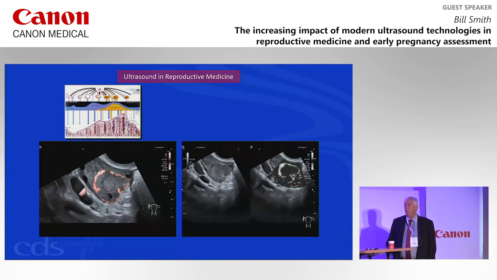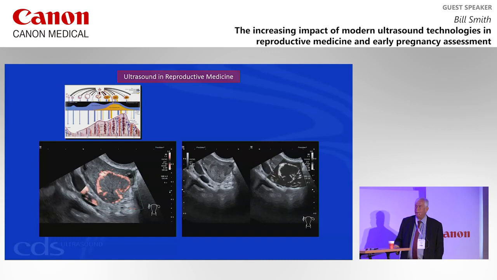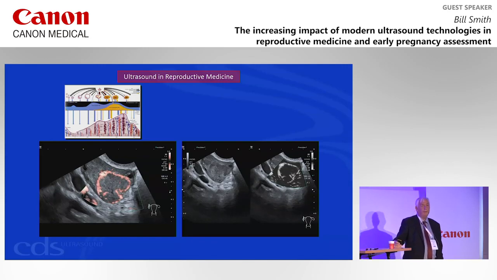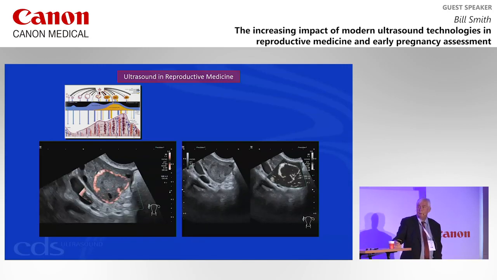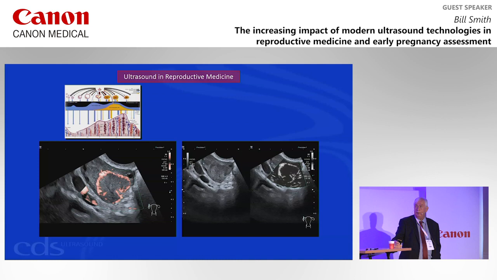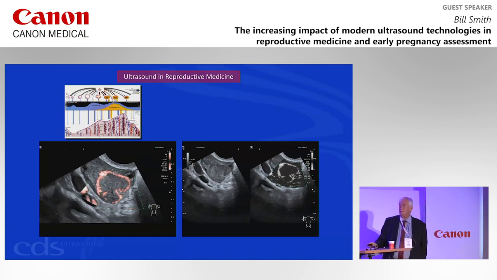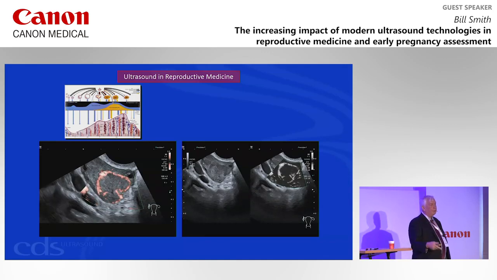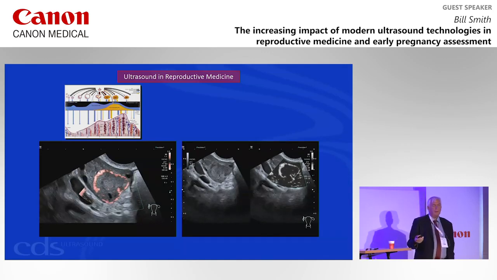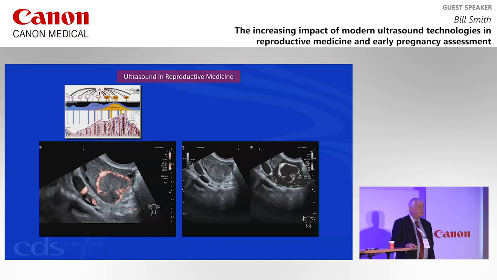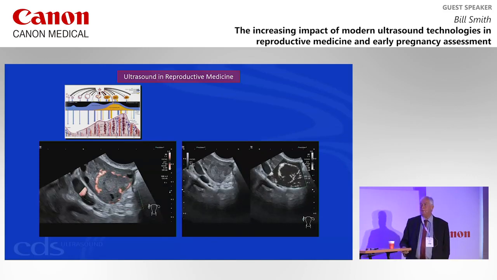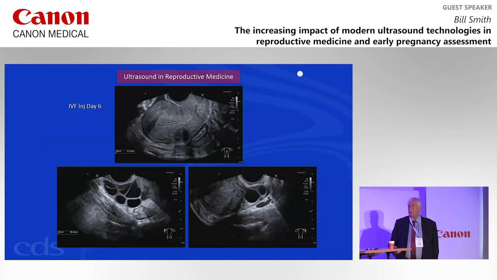First thing to say is that color Doppler has had a tremendous benefit in general gynecology as well as reproductive medicine. And this moves ultrasound from a basis for anatomical study to looking at physiological change. We'll come back to these images in a second.